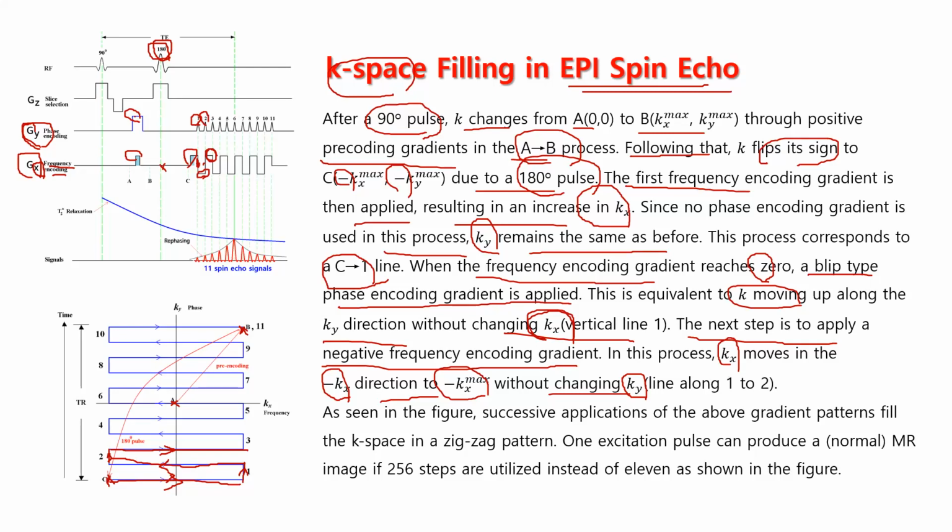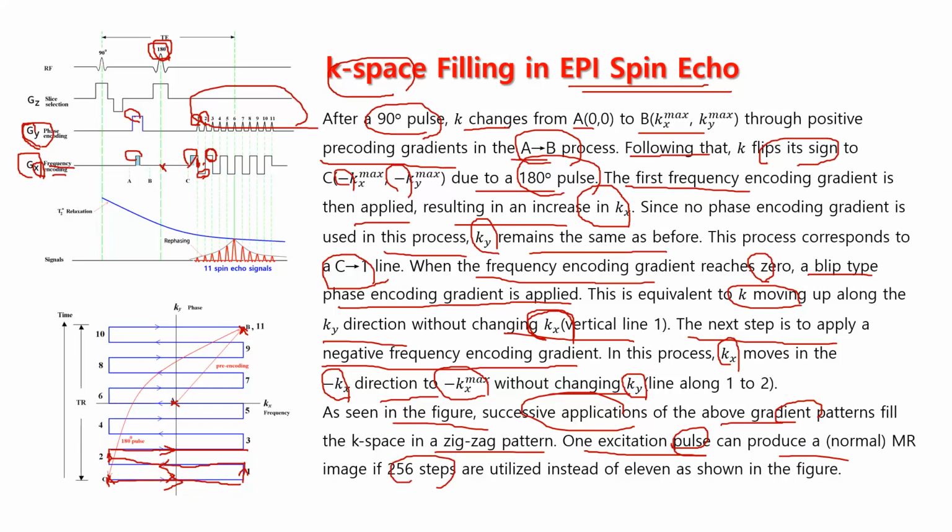So if you use 256 steps, then we can have 256 MR signals at once, at 1 TR time. As seen in the figure, successive operations of the above gradient patterns will fill the K space in a zigzag pattern. One excitation pulse can produce MR signals in 256 steps.